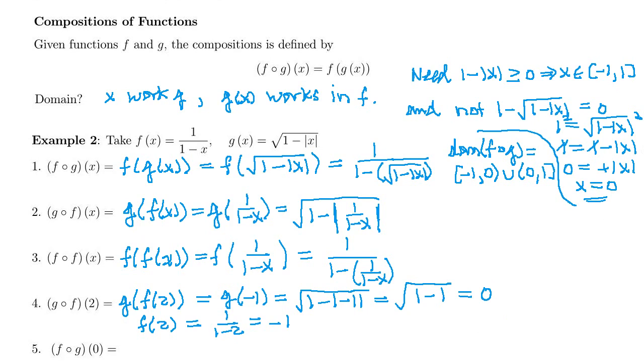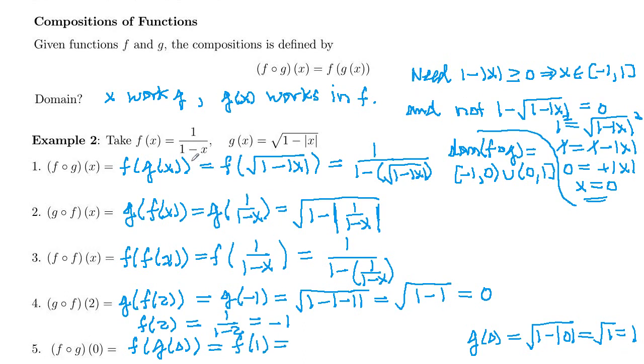And then f circle g at 0 here. So f of g of 0. So again, take 0, plug into g first here. So g plug in 0 is square root 1 minus absolute value of 0. Well, that's just 0. So this is just square root of 1, which is 1. So this is really f plug in 1.